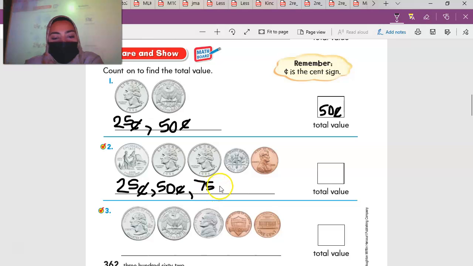Now, hold on, now we're done with the quarters. Now we have a dime. A dime is worth 10 cents, so 75 plus 10 is 85 cents. And then 85 cents plus 1 penny is 86 cents.